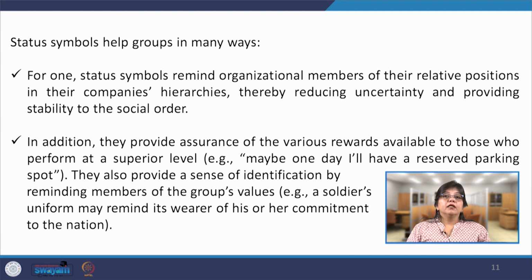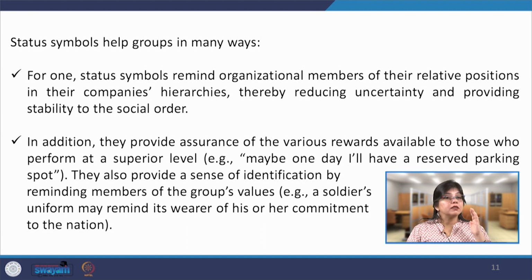In addition, they provide assurance of the various rewards available to those who perform at a superior level. That means they reflect the advantages, the rights, power and authority that anybody has at a particular status, and what kind of efforts and expertise is required to reach that status.